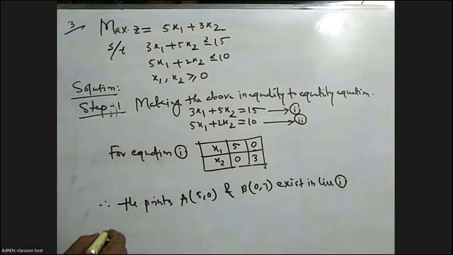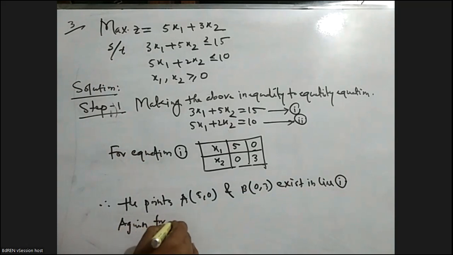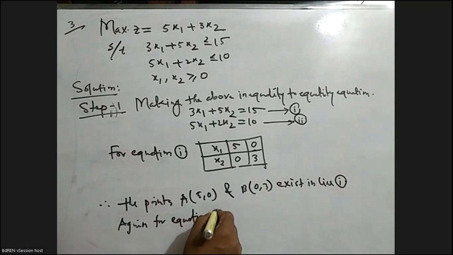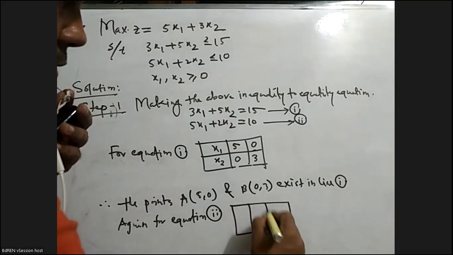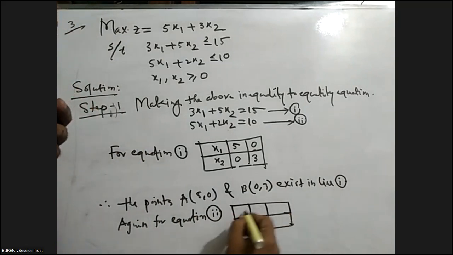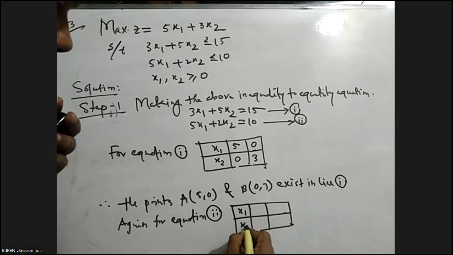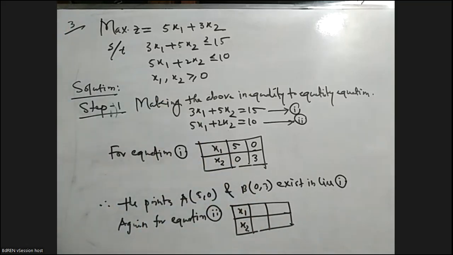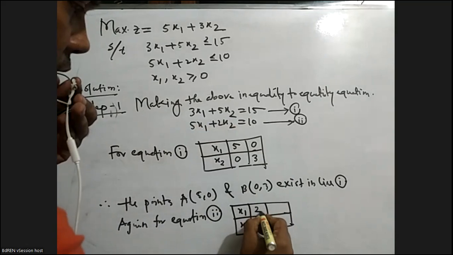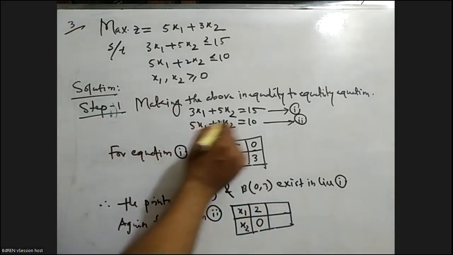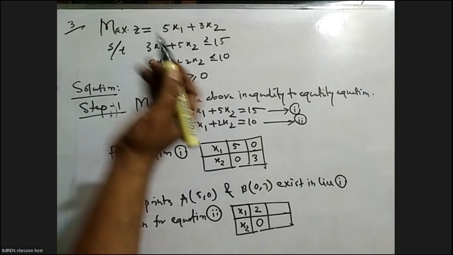Again for equation 2, similarly drawing the box, one is x1 and the other is x2. If x2 equals 0 in equation 2, then 5x1 equals 10, so x1 equals 2.